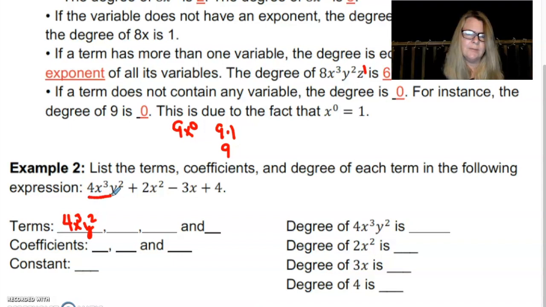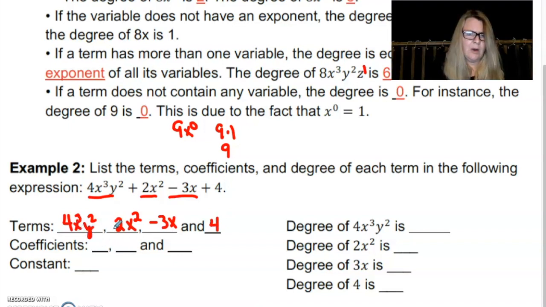That's your first thing. Your second term, being added, is 2x to the second. The third term, now remember you're going to pick up the sign in front of it. It's not just 3, it's negative 3x. And the last term is called the constant, and that is 4.